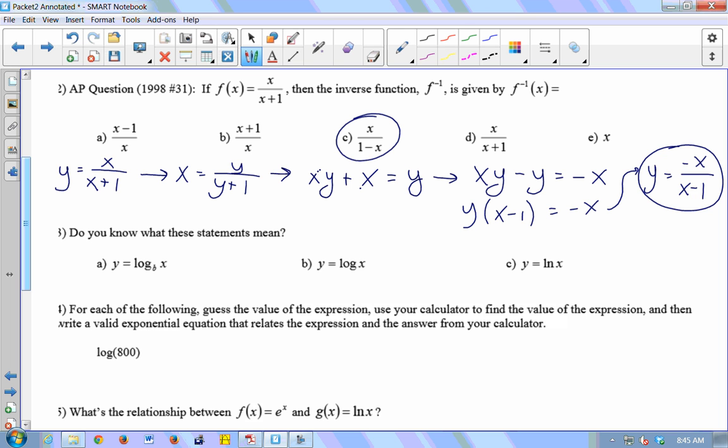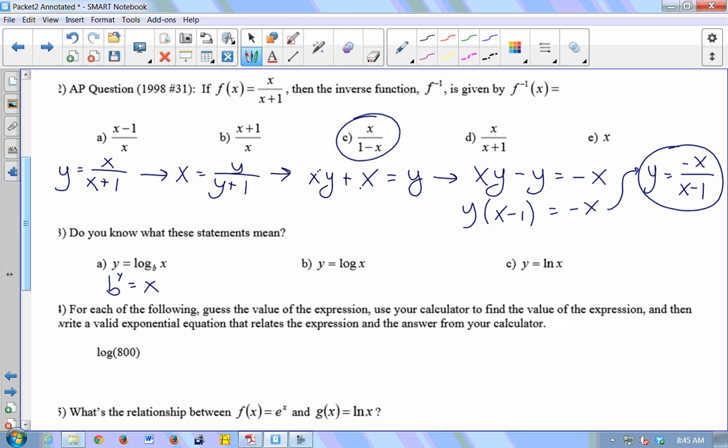So again, to review, do you remember what these statements mean? What does it mean that y equals log base b of x? Yep. An equivalent statement to this one would be that b to the y equals x.